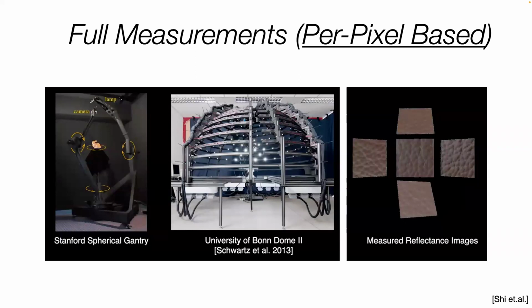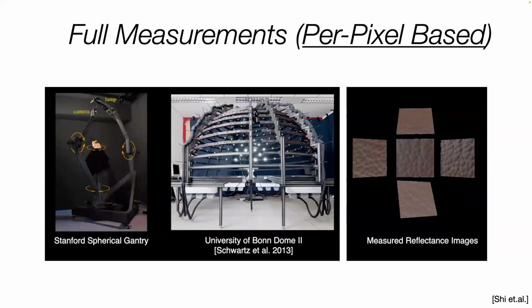It's less expensive, but you have to calibrate it very well. But you have this dome from the University of Bonn, with a lot of lights and cameras around the dome, and then it's easy. We need to calibrate the sensors, but the mechanics are fixed there.